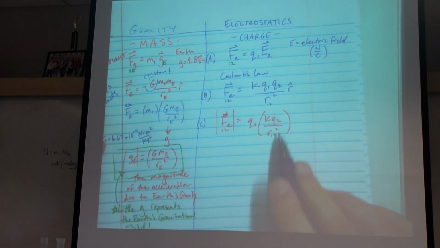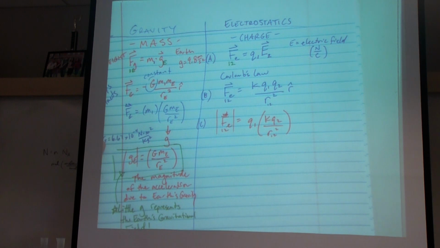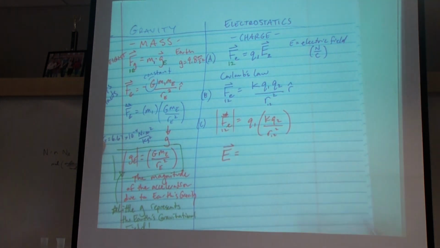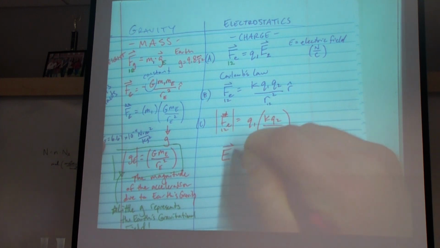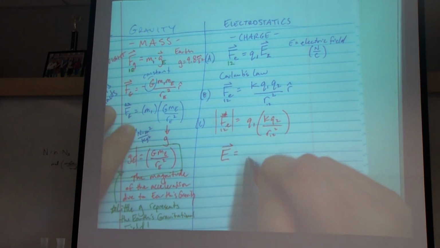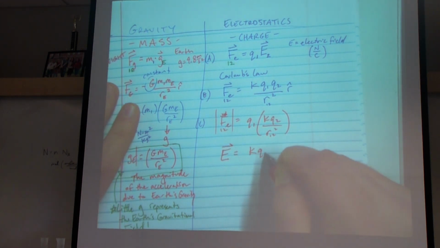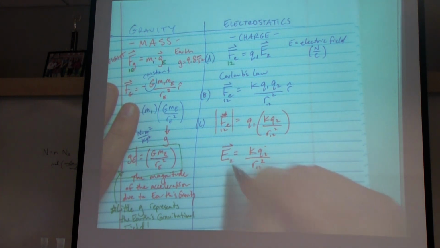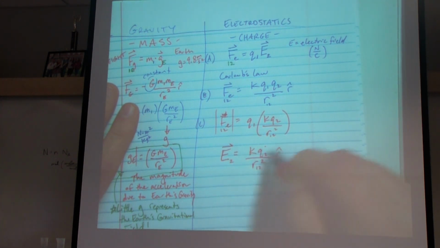So what's this thing in parentheses? That's the electric field. Electric field, which is a vector, okay? I'm going to write it this way: K Q2 over R12 squared R hat.